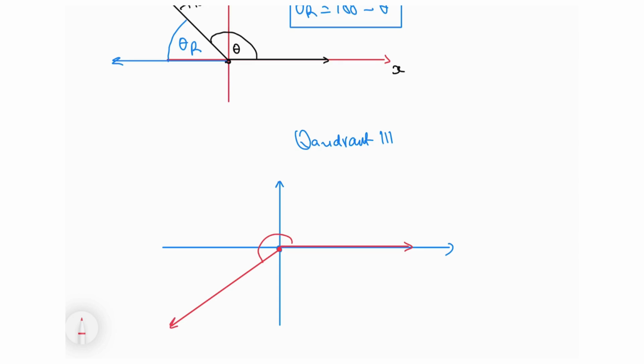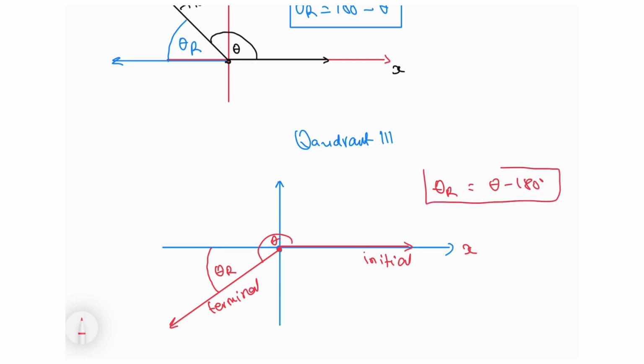Now this is the initial arm. You can see now why it is important to know initial and terminal. And this is the x-axis, that is the angle between terminal and initial, and this is theta r, and this whole is theta. In this case theta r is theta minus 180 degrees.